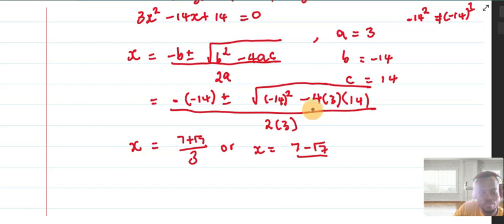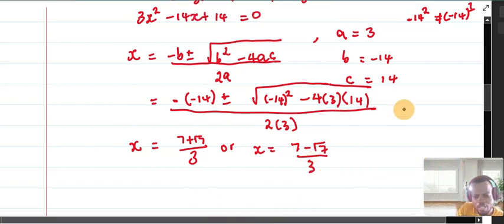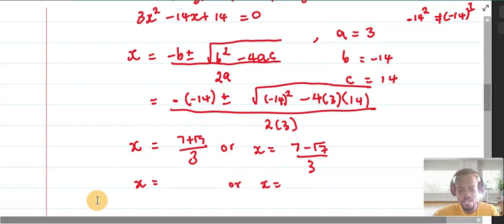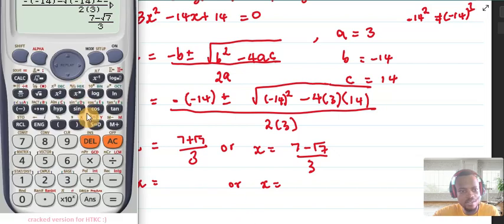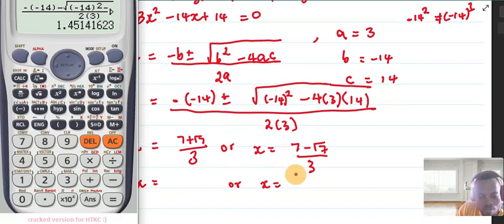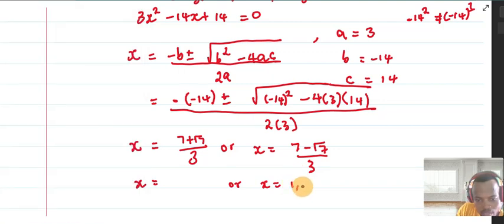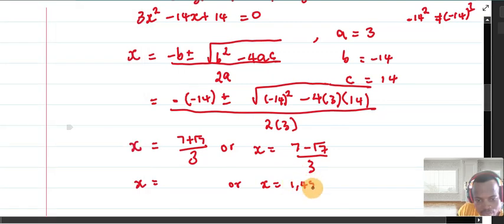But we cannot leave it like this. We should write it in decimals. So x is equal to, I calculated this, here it's 1.45, right?